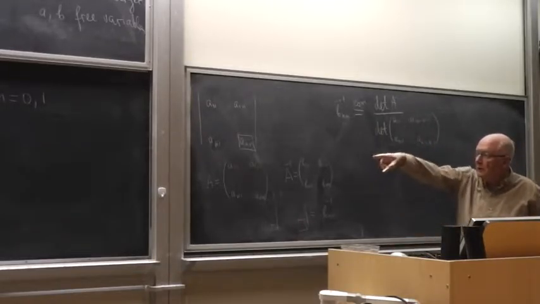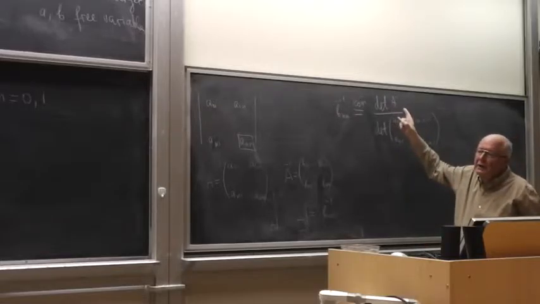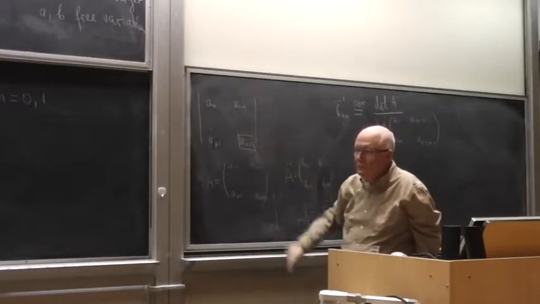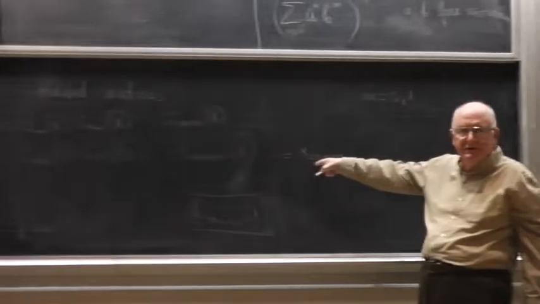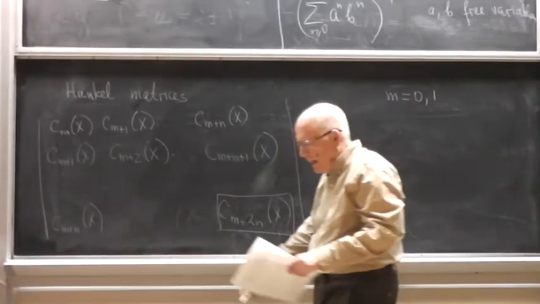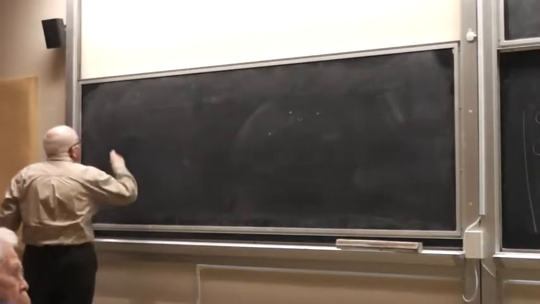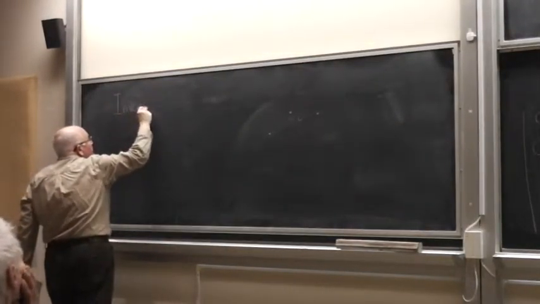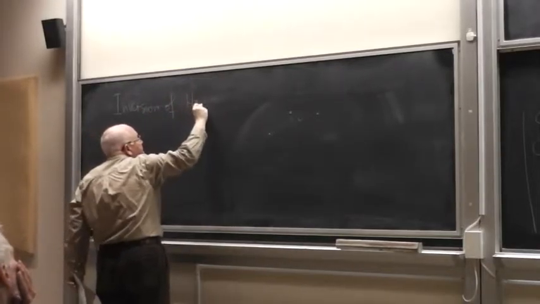Now, for a commutative version of this theorem, this determinant equals 1, this determinant equals 1, so the ratio is 1. And so if you apply epsilon to this, it's just 1.